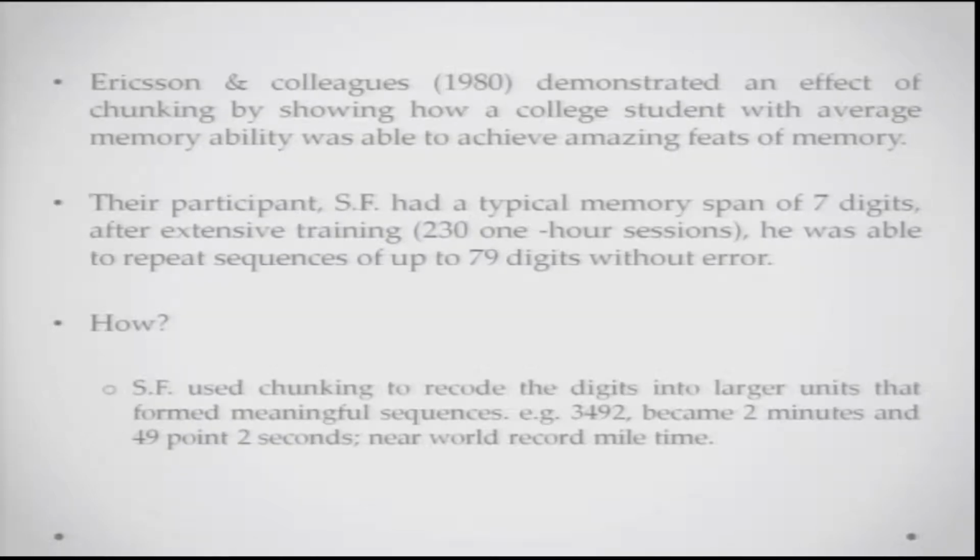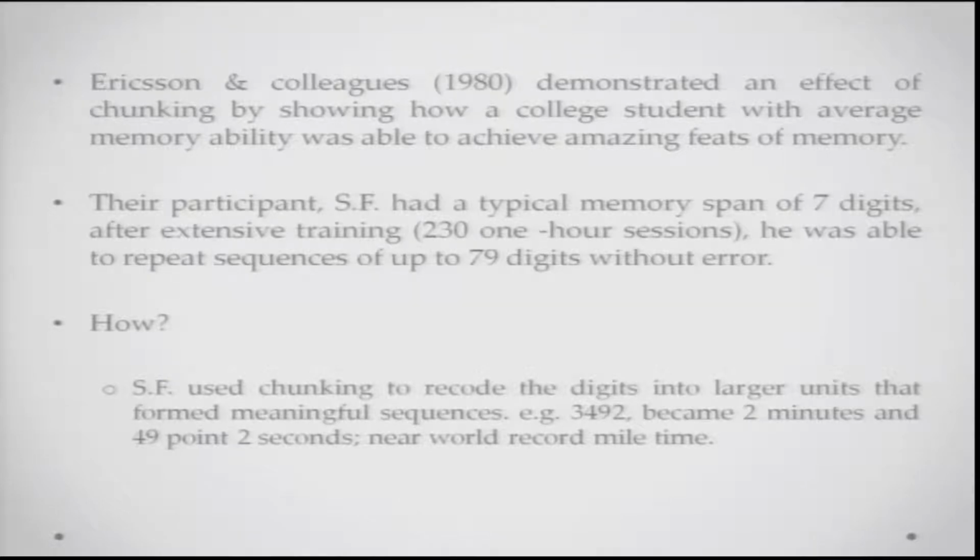Ericsson and colleagues demonstrated an effect of chunking by showing how a college student with average memory ability was able to achieve amazing feats of memory. They trained this participant, named SF, who had a typical memory span like all of us of 7 digits. But he received extensive training for about 230 1-hour sessions, and then he was able to repeat sequences up to 79 digits without making an error.